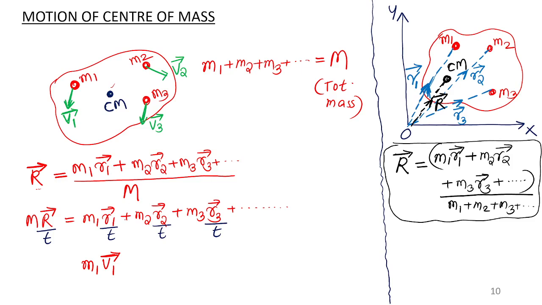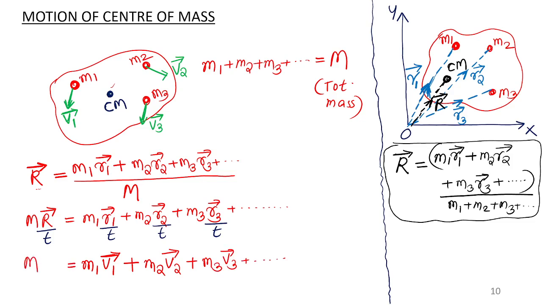Precisely it is differentiating with respect to time, but let me avoid the term differentiation. Then m2 into r2 by t: r2 by t means the displacement of the second body in 1 second, that is, the velocity of the second body. m3 v3: r3 by t will be the velocity of the third body, etc.